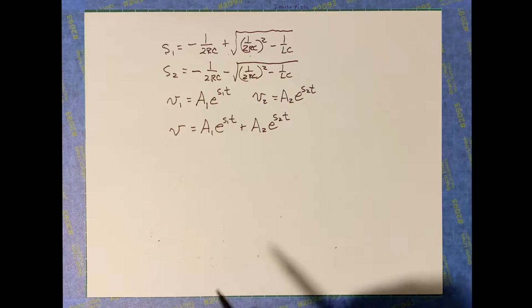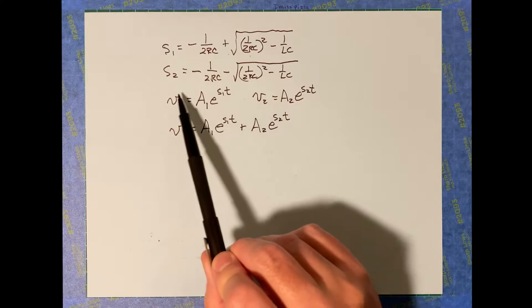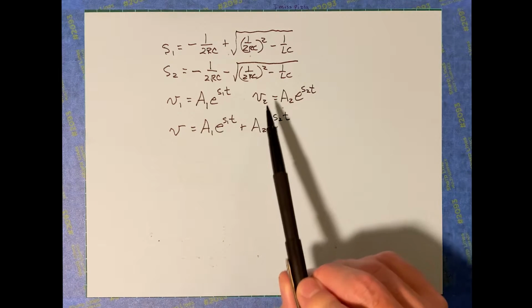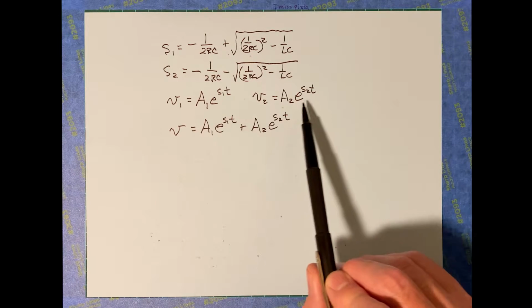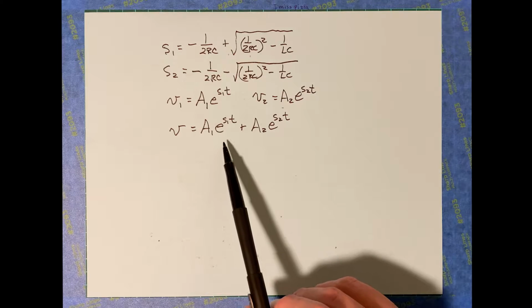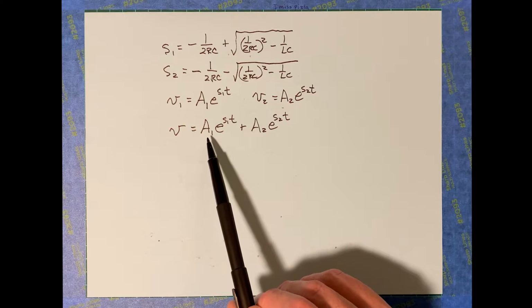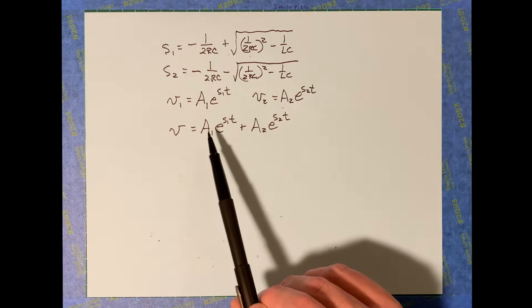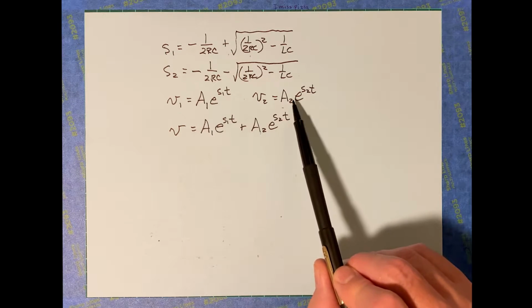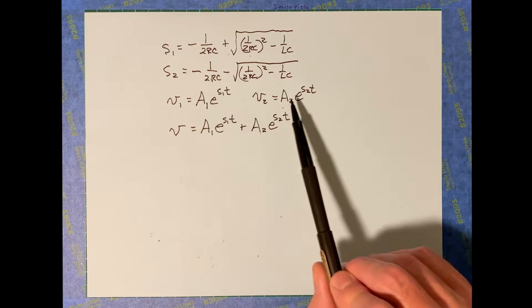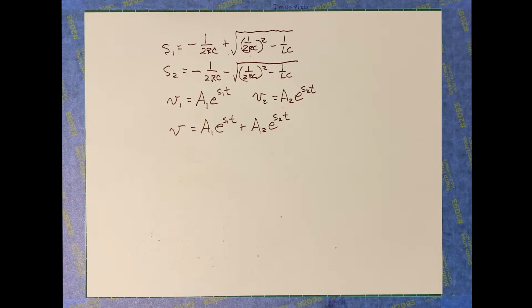If you think about that, let's say the solution was all V1 and none of V2, then that coefficient would just be 0. If the solution were all V2 and none of V1, then the A1 coefficient would just be 0. So there is a way to manipulate these coefficients out front to show that the final answer is a linear combination of those two things.